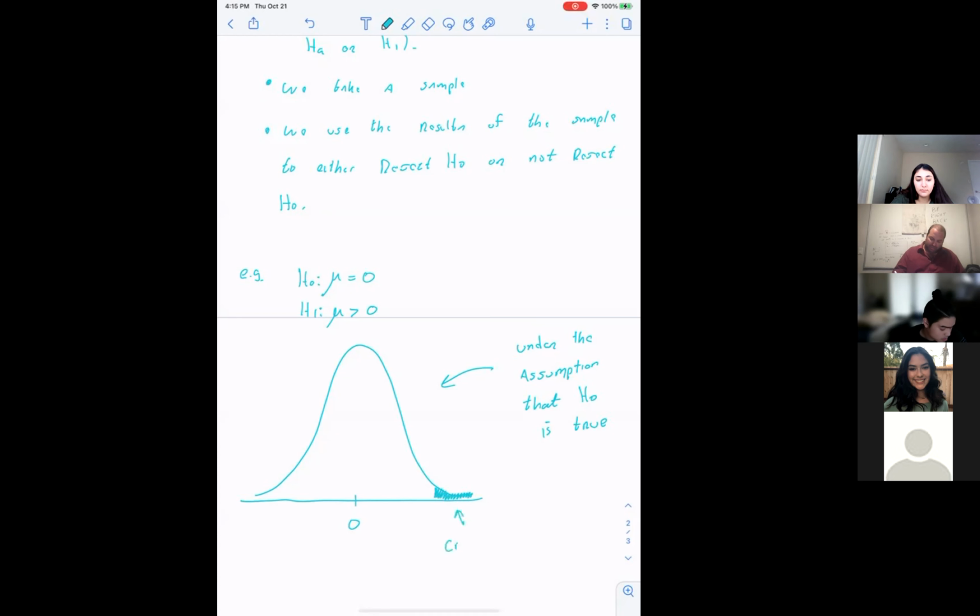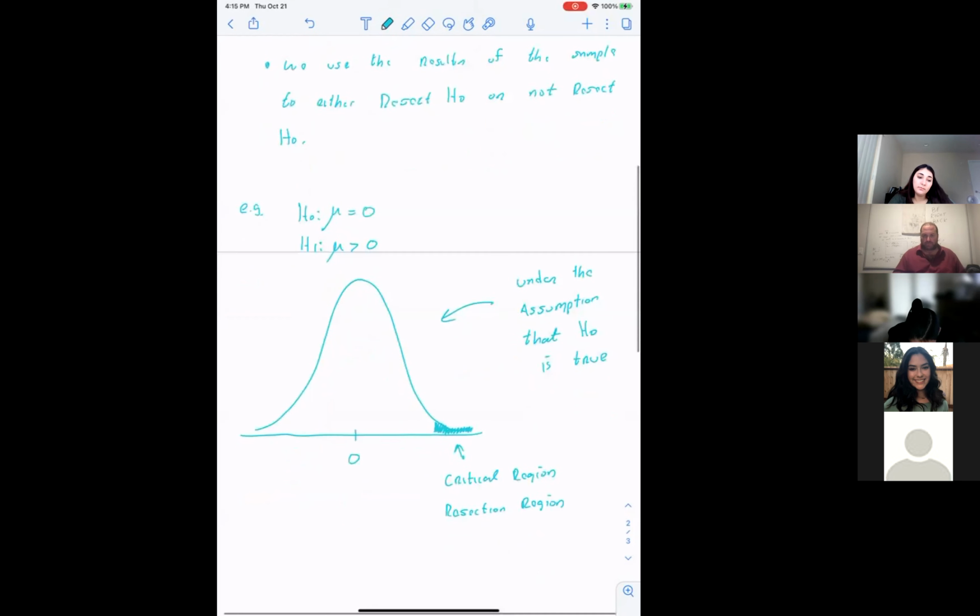This is the critical region. It's the section of my distribution where values might make me reject the null hypothesis, also called the rejection region for that same reason. Does that make sense?